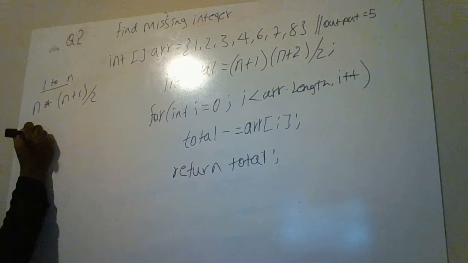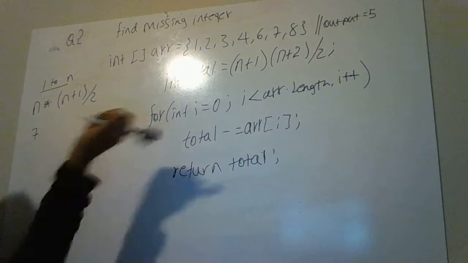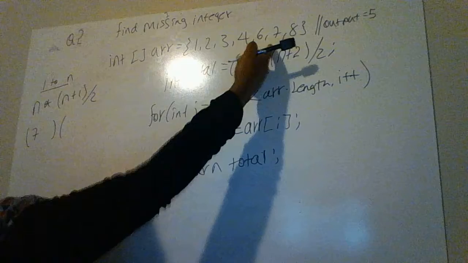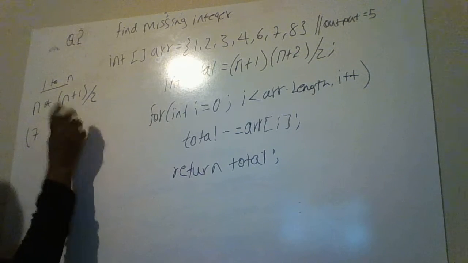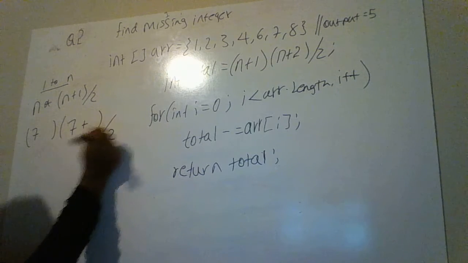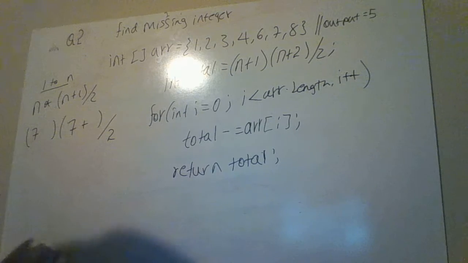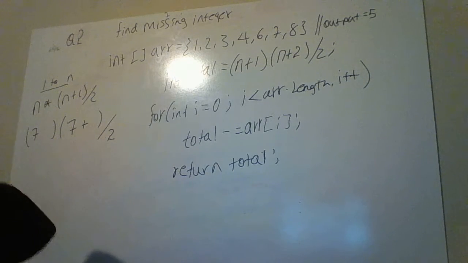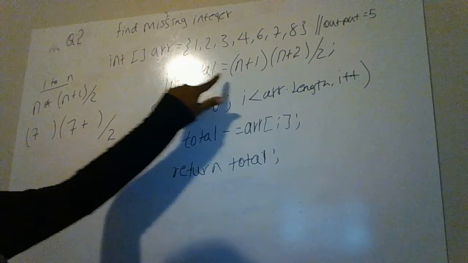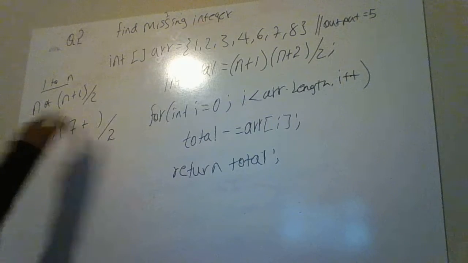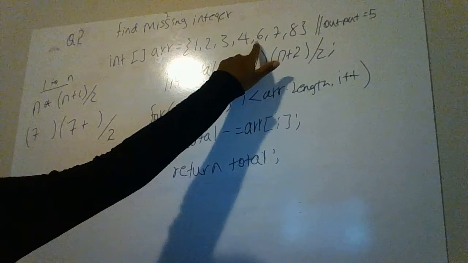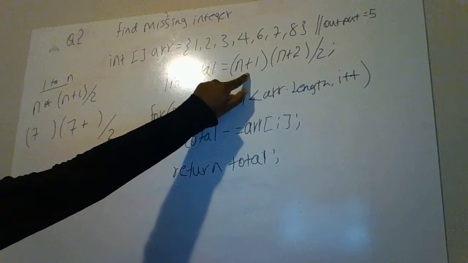So we have 7 numbers, and then we're going to adjust this a little bit because we are missing one number. So for this problem I'm going to use that formula but adjust it, because instead of just n, I'm going to have n plus 1, because in our case we have a missing number here, so we have to account for that.